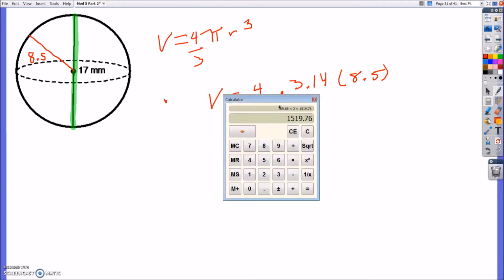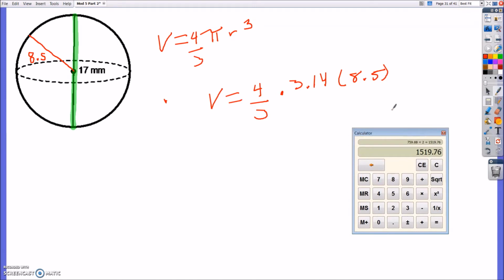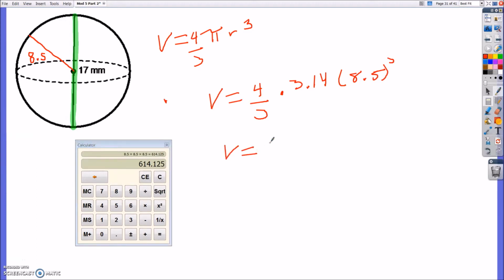And so when I bring up my calculator, I want you to know I don't have a third power on this. So what I'm going to do is just take 8.5 and multiply it by itself 3 times. So we're going to do 8.5 times itself 3 times, and I'm going to get 614.125.